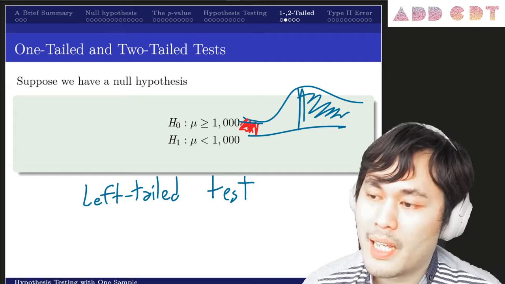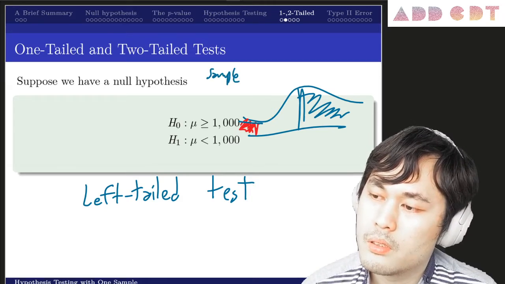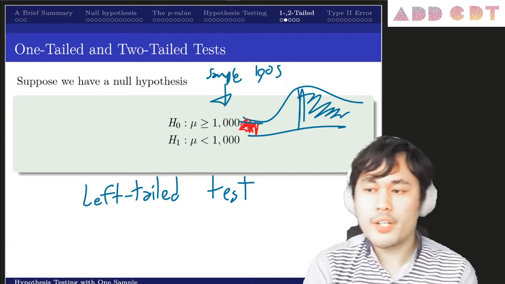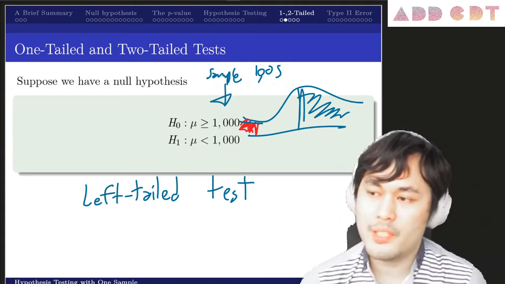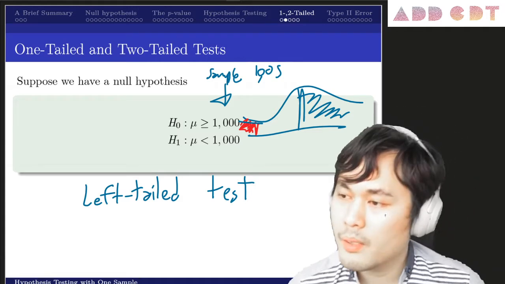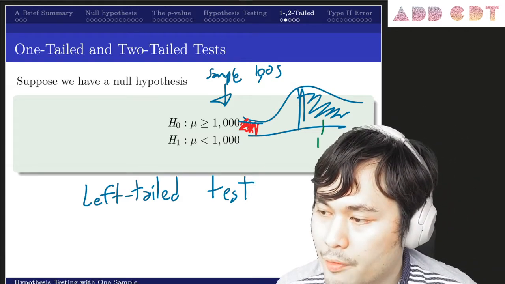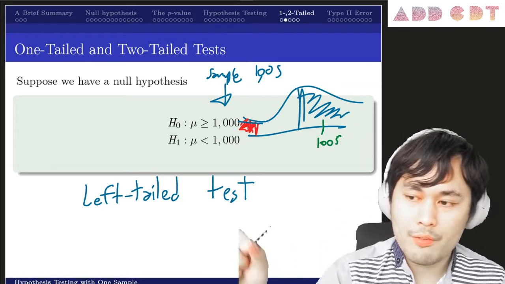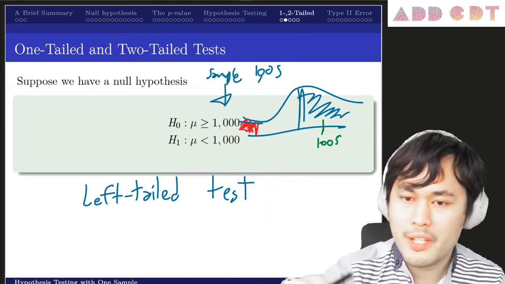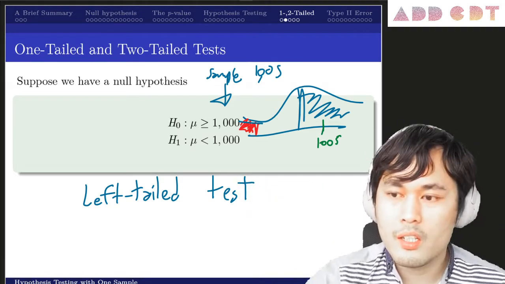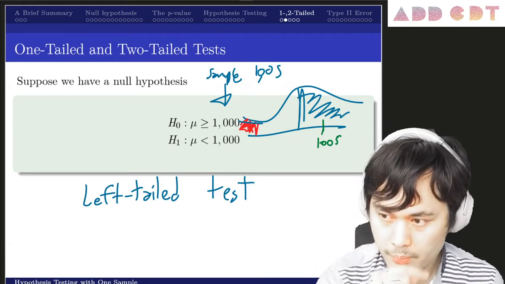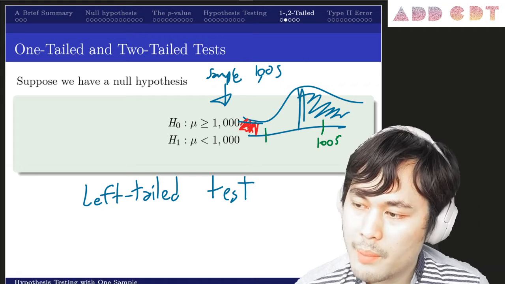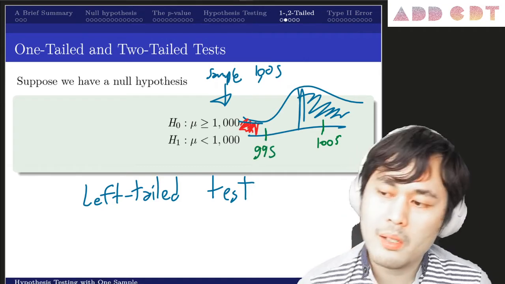Like if we believe it's 1,000 and a sample is 1,005, since that agrees with our belief, then we don't have to actually do anything about it. You see the number, and you don't have to compute the p-value. Just the number itself will agree with our null hypothesis. So that means we will only test when the number is too far below to the left.